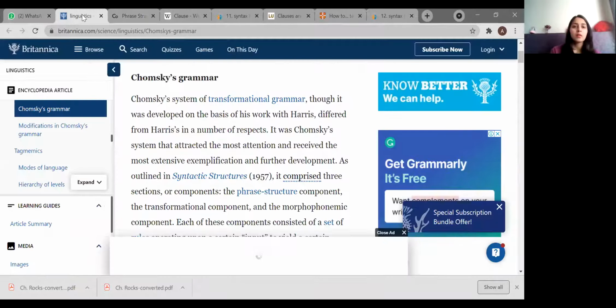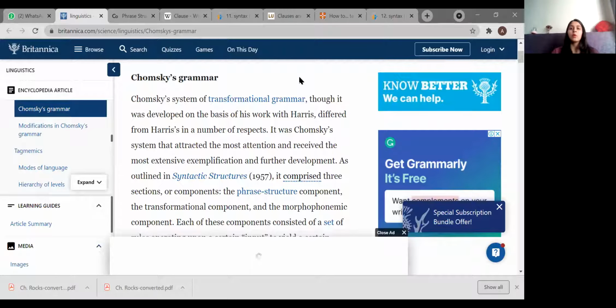All right, now as I said, phrase structure is done by Chomsky's grammar, right? So let's see what he has done. And let's go a little ahead in it. Chomsky's system of transformational grammar, though it was developed on the basis of his work with Harris. All right. So there was another scientist, Harris, who together with Chomsky made this grammar part.